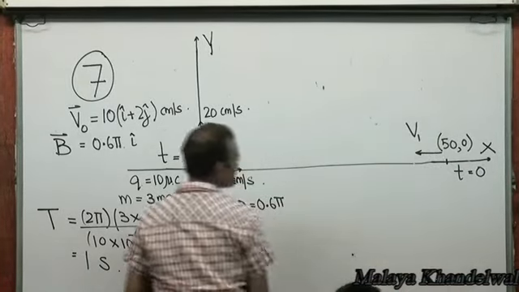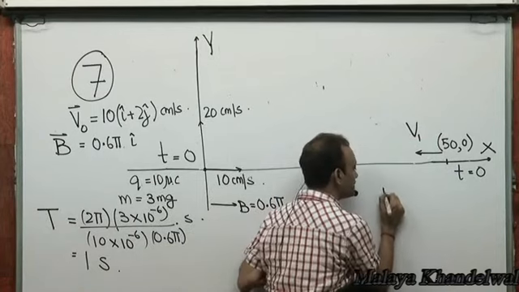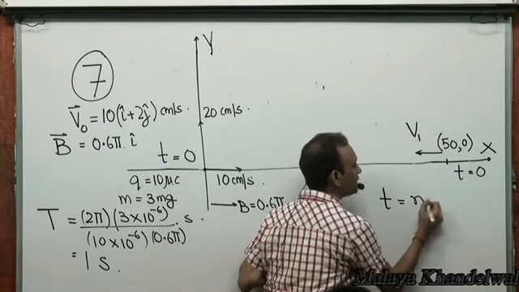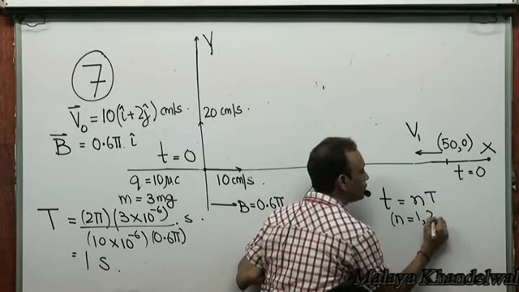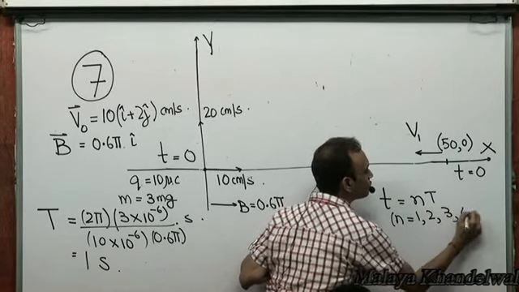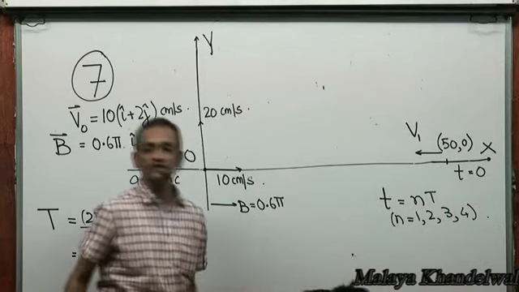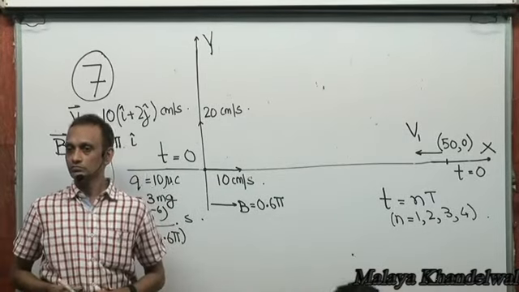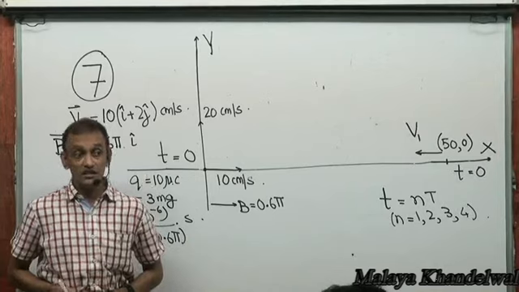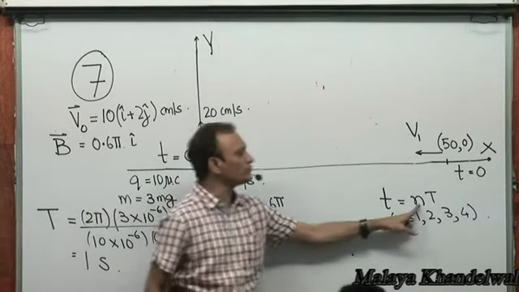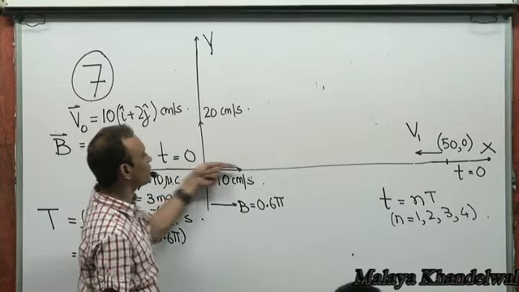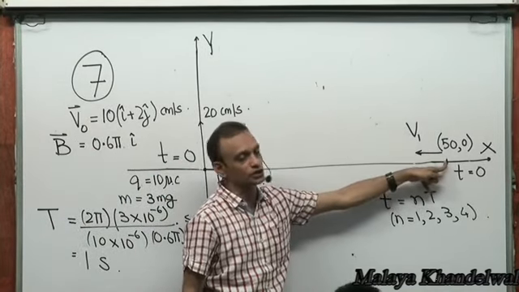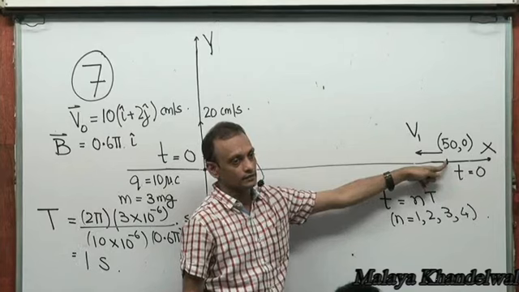So the collision occurs at t equal to n times T, where n would assume values like 1, 2, 3, and 4. These are the possible values of n. Yes or no? At these instants, the collision would take place. Why not 5T? Because in 5 seconds, it would have come to this point. But obviously, the collision does not take place here. Right?